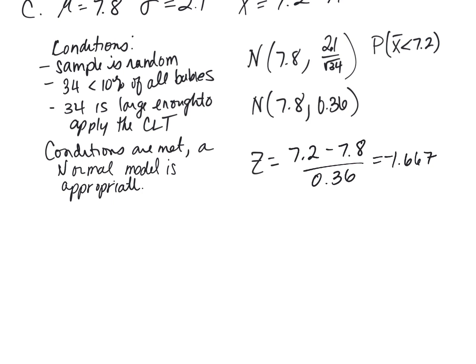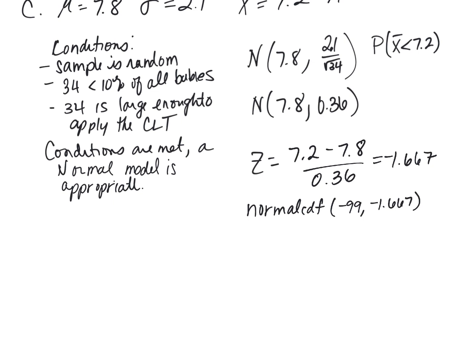The CLT threshold is about 25. More than 25, you can say it's large enough. Then we can say normal CDF, negative 99, negative 1.667. Now the question doesn't actually say what's the probability that it's less than 7.2 pounds. It's asking for unusually low.